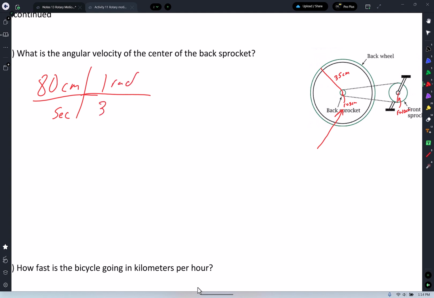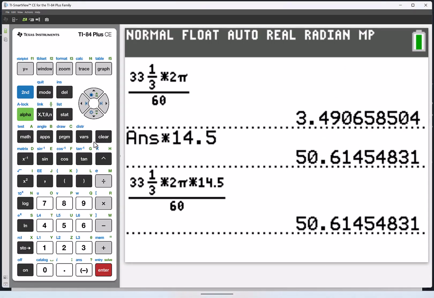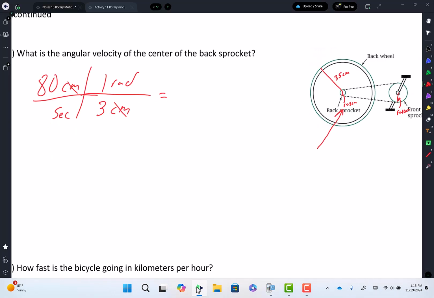So in 1 radian, there are 3 centimeters. And there it is, radians per second. Take your calculator, go 80 divided by 3. There it is, 26.666, 26.667 radians per second. And guys, okay, catch up to here.